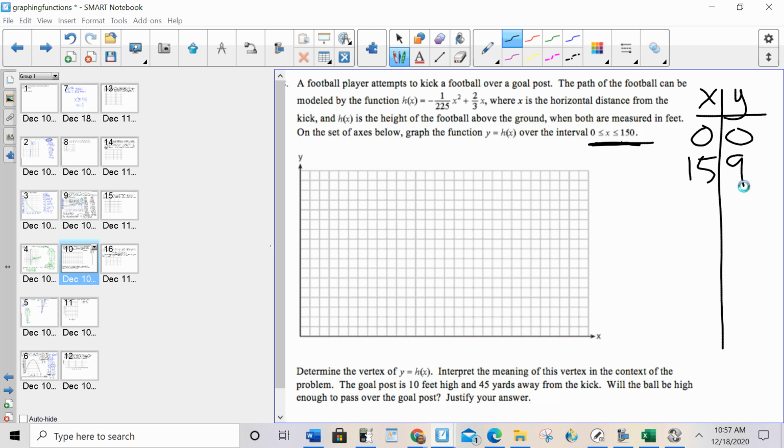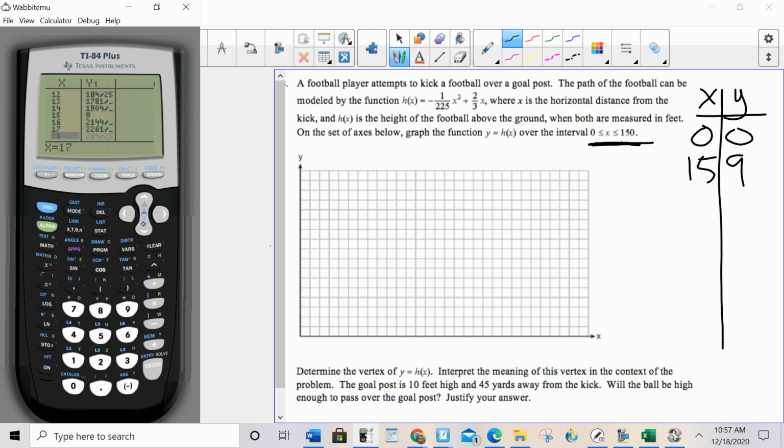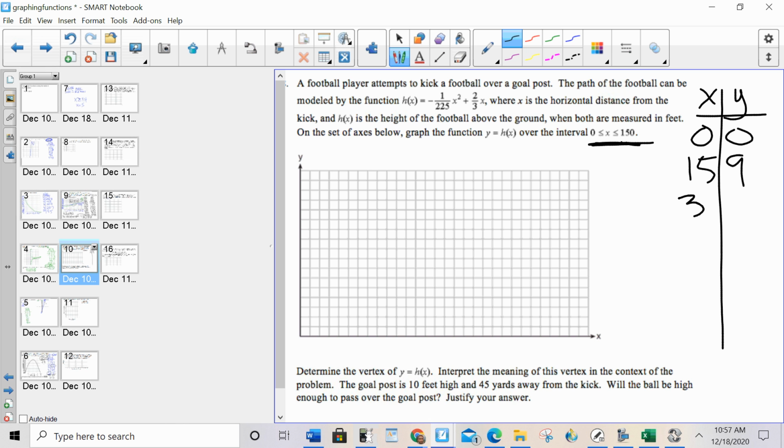I'm going to plot. Nope. Nope. 30, 16. And you're going to kind of build your table from there up until you get to 150. So 150 should be at the bottom of your table.